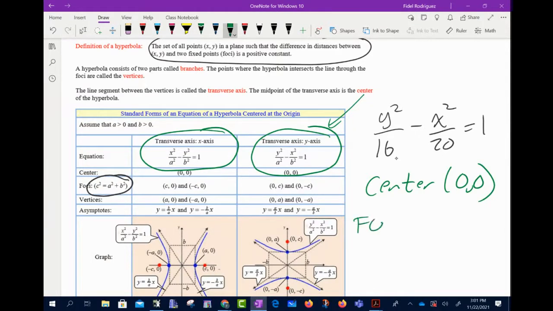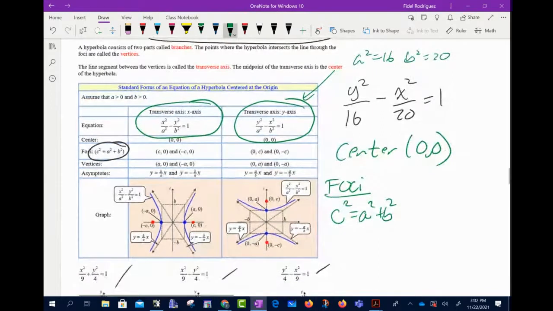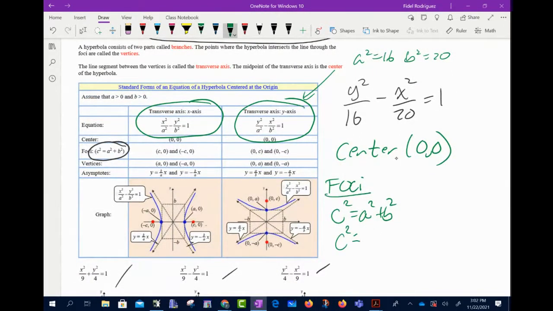And now we're going to find the foci. So the foci, the way we do it here, y'all, it's going to be c squared equals a squared plus b squared. And I want you to notice, in this case, our a squared is 16, and our b squared is 20. Okay. So let's take a look. C squared equals 16 plus 20. C squared is 36.